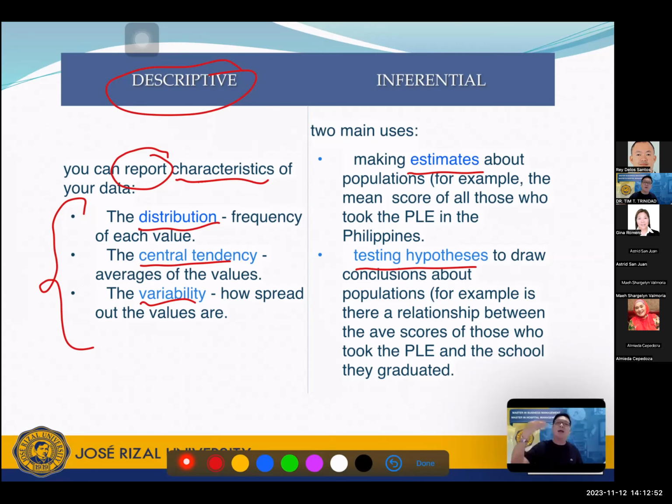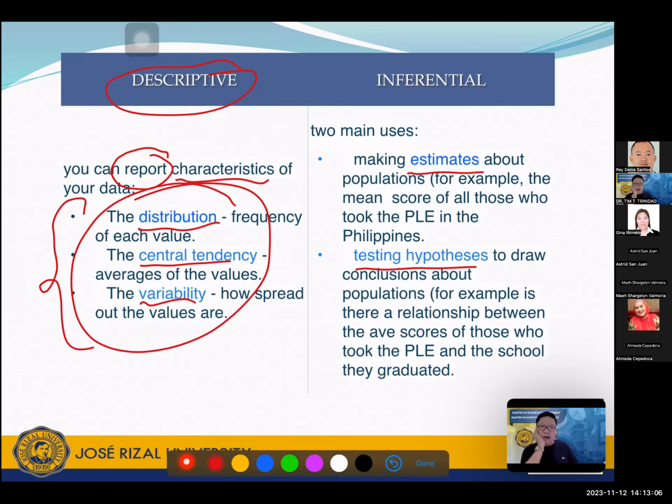But at least I know now that when I ask you to describe your data, you are going to provide me with this information using these descriptors. Okay. But when I ask you to make an inference, ano ang language or ano ang ipipresent nyo using inferential statistics?